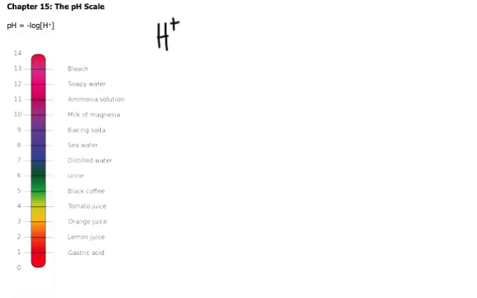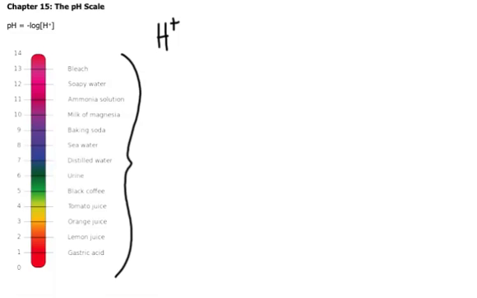Now, in common everyday solutions, as you can see in this list here, it doesn't show it on this chart, but the range of H+ concentrations is quite huge for these various substances. So gastric acid, lemon juice, bleach, ammonia, baking soda.